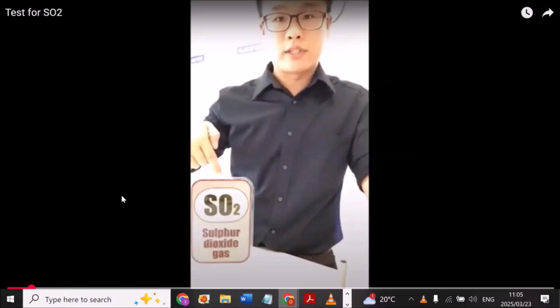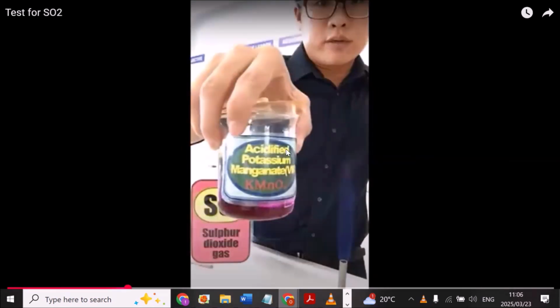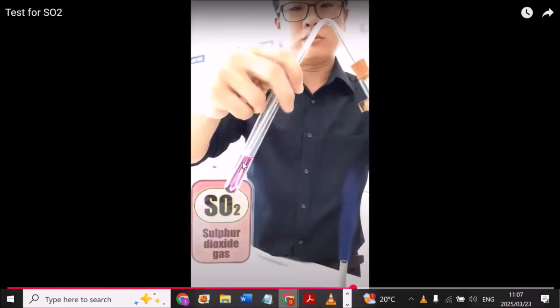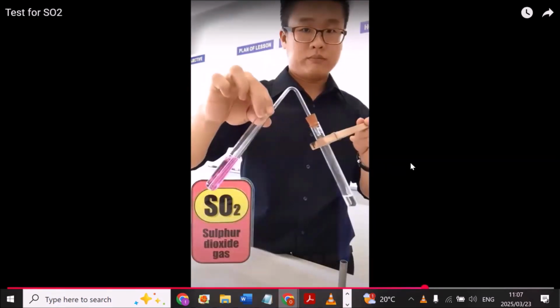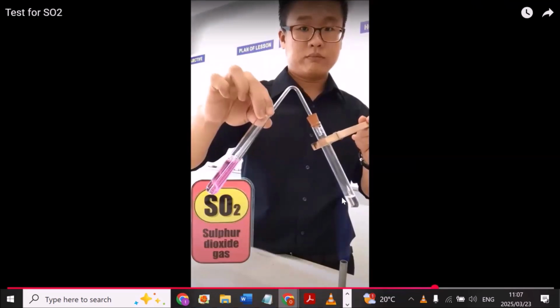Now we go to the test of sulfur dioxide gas. So we use acidified potassium manganate 7. So this is potassium manganate 7, which has a purple color. So if a reaction produces sulfur dioxide gas, you will bubble it into acidified potassium manganate 7, and we expect the color change to be from purple to colorless or clear.